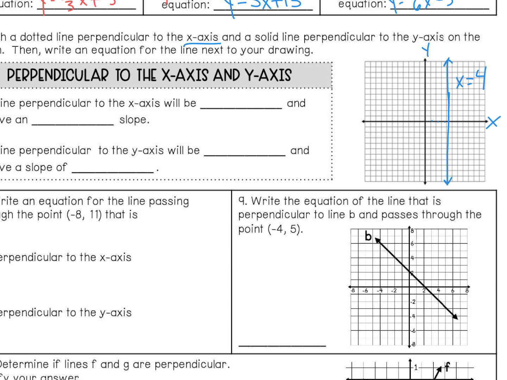Okay? So if we are perpendicular to the x-axis, a line perpendicular will be, what direction is that? Is that an OI or a VUX? So what does V stand for? Vertical. And what kind of slope is that? Undefined.